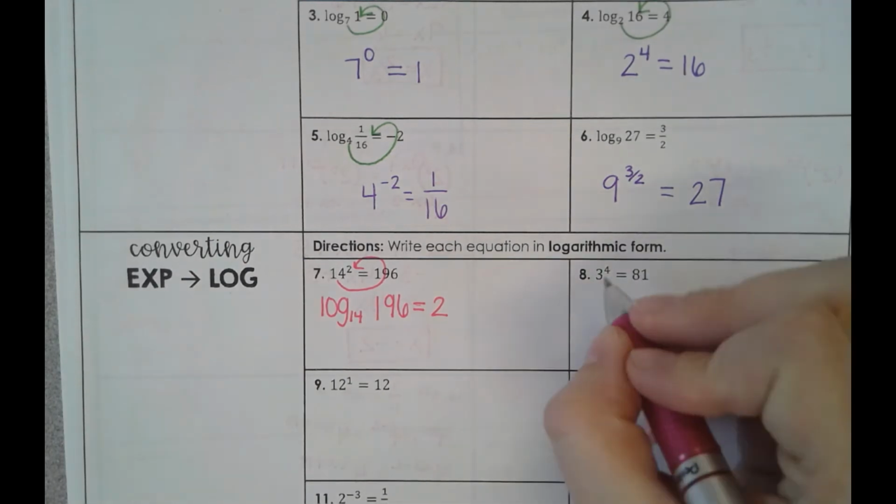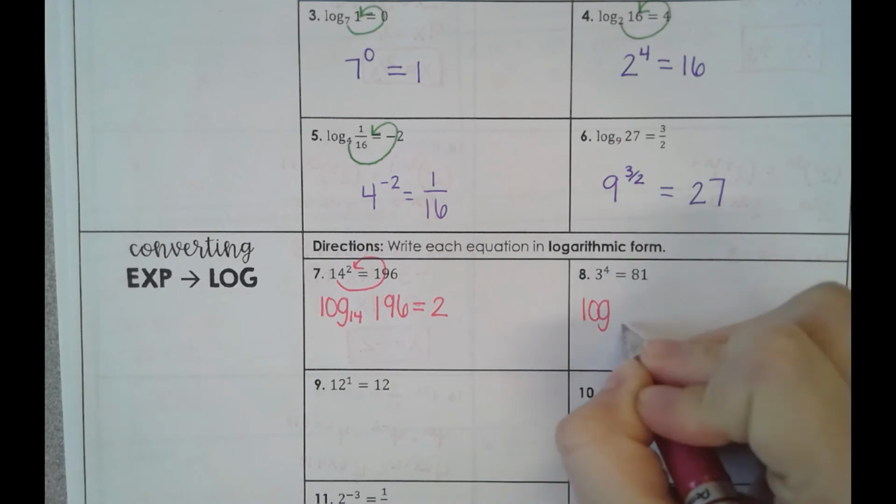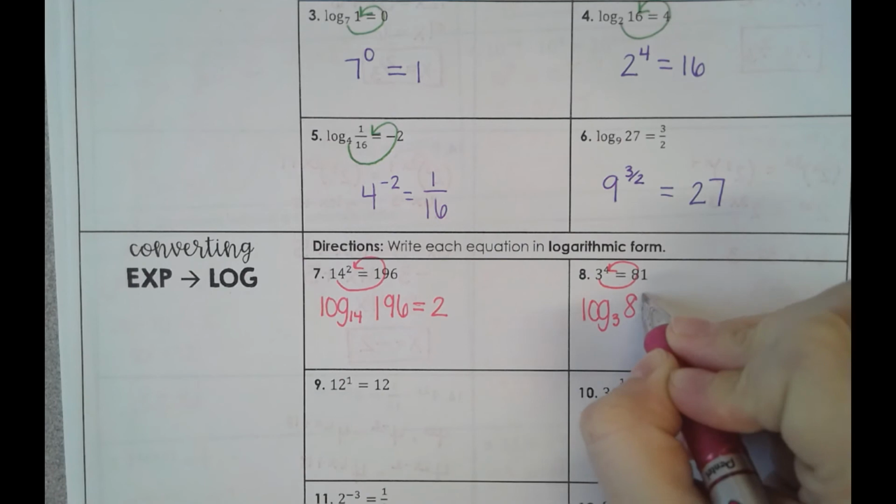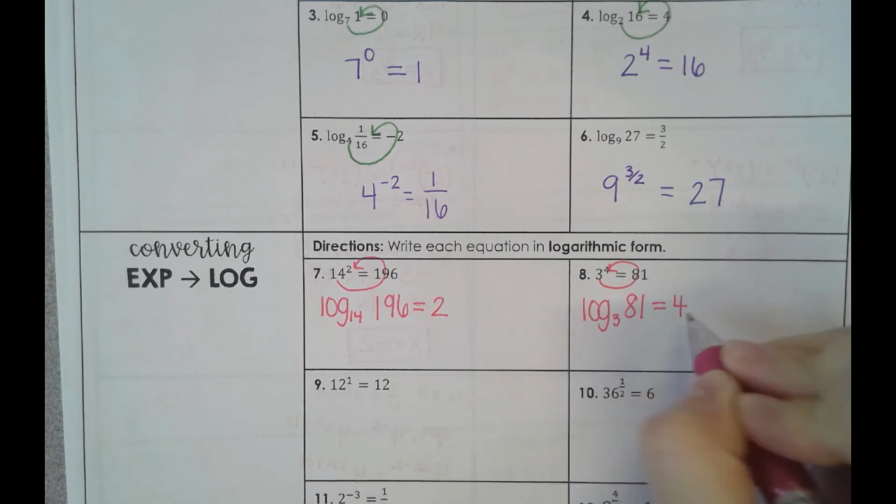Number 8, we would write log base 3 of 81 equals 4.